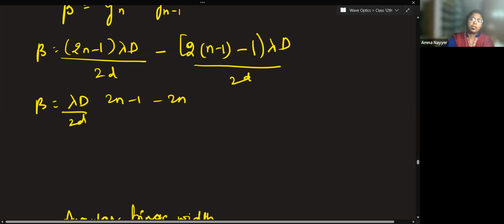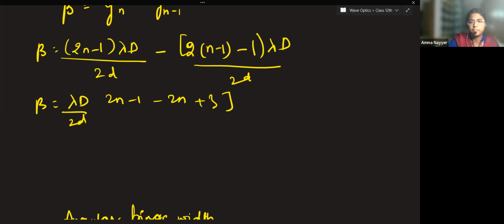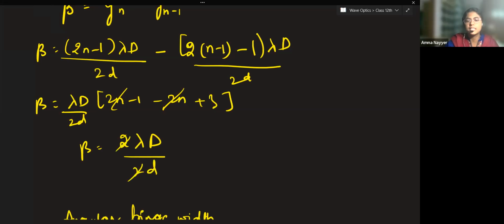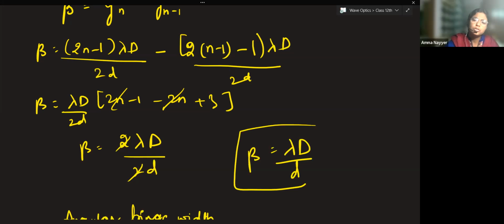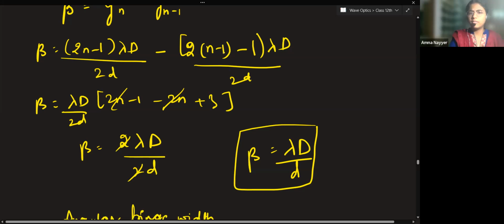Taking the minus sign, that makes it plus 3, right? So beta becomes: 2n gets cancelled, 3 minus 1 will become 2. So 2 lambda capital D by 2d, 2 gets cancelled. Beta's formula is lambda capital D by small d. For bright, dark, any fringe, this is valid for both. Using the bright one, the same thing you will obtain.